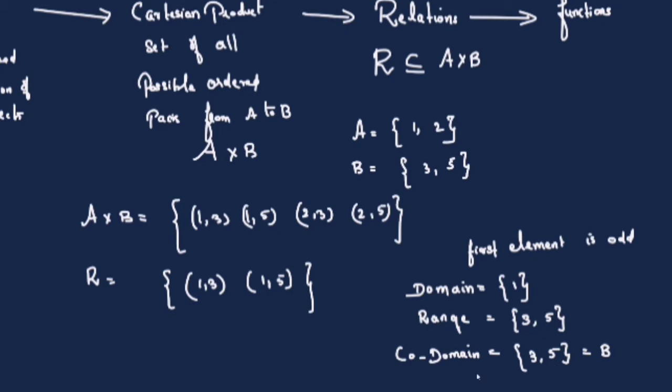You are going to learn something called an empty relation and universal relation. Suppose the set A is {1, 2, 3, 4, 5}. Now I am going to define a relation.